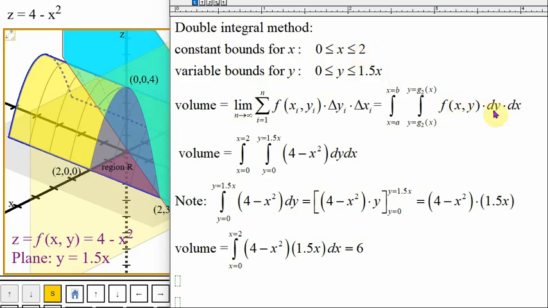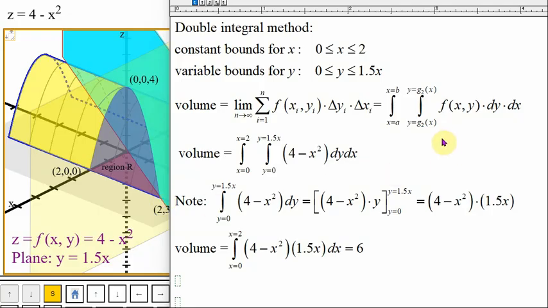And then the bounds for the variable y, the y will be variable for this region R right here. And so this region R is bounded by this line and by this line, and also by the line x equal to 2. Now this line right here is the line y equal to 0, and this line is the line y equal to 1.5x.